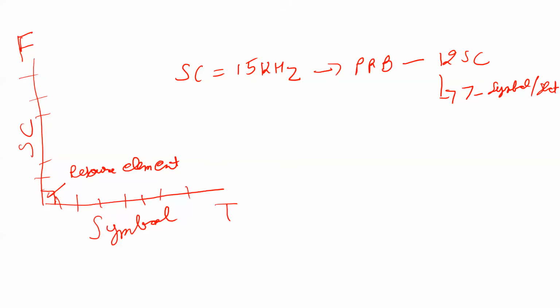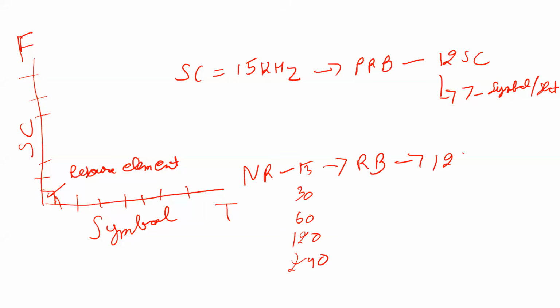In case of NR, various kinds of subcarrier spacing are possible, like 15, 30, 60, 120, and 240. Here, instead of PRB, we use the term RB, which is resource block. And the same, we have 12 subcarriers, but in one slot, we have 14 symbols. Okay, in case of 5G, in one slot, we have 14 symbols.